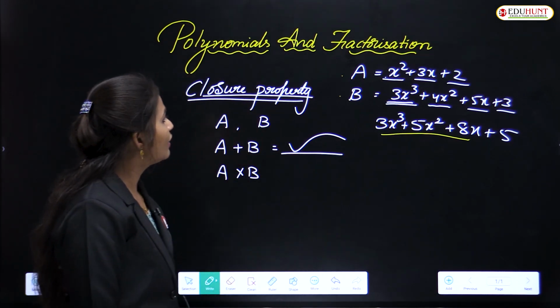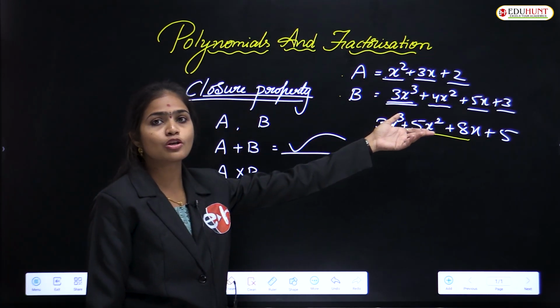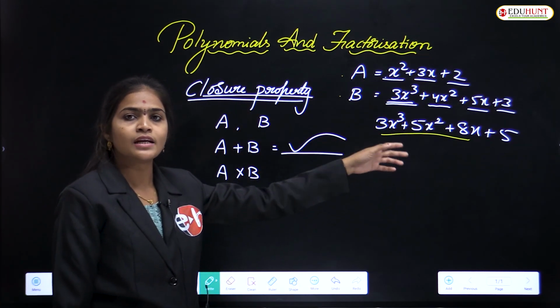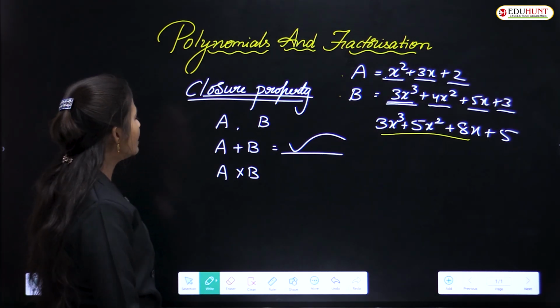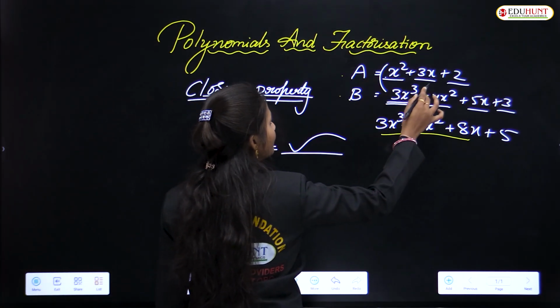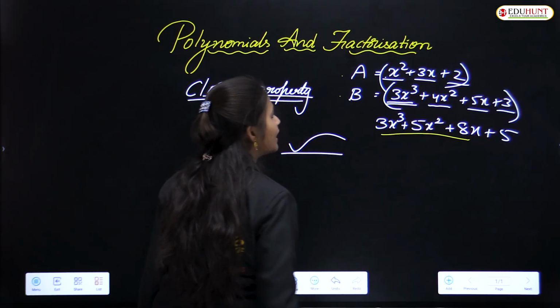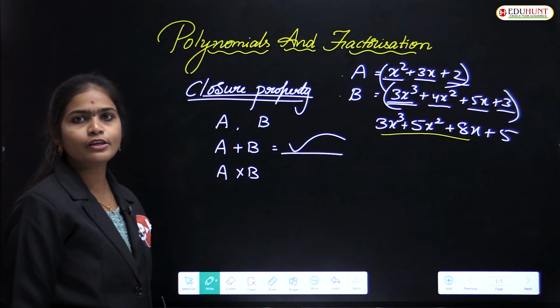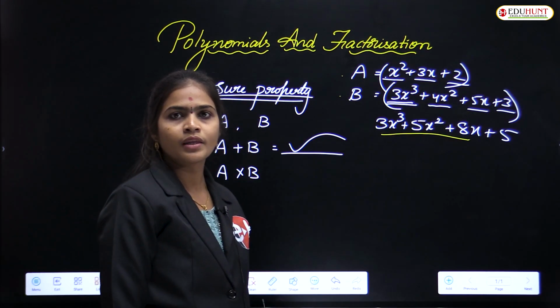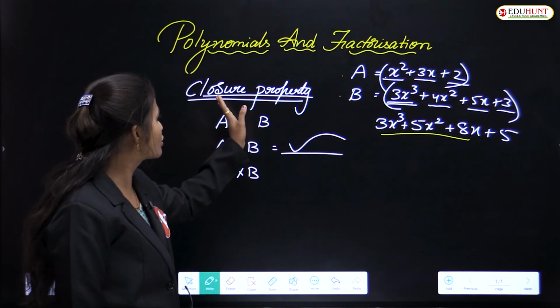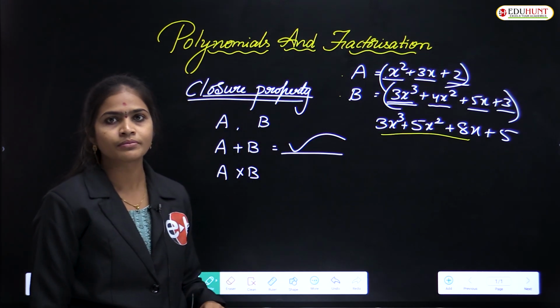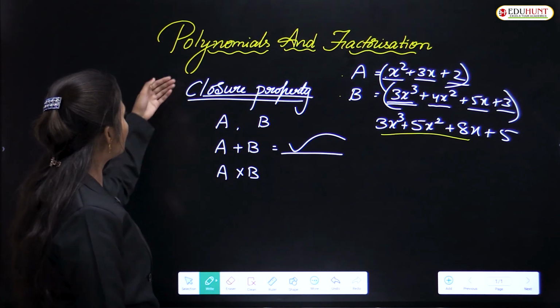Subtraction is also an operation on polynomials, so a minus b you will also get as some polynomial only. If you multiply a into b, again you will get a polynomial. So a plus b, a into b belong to the closure property. Now, commutative property.